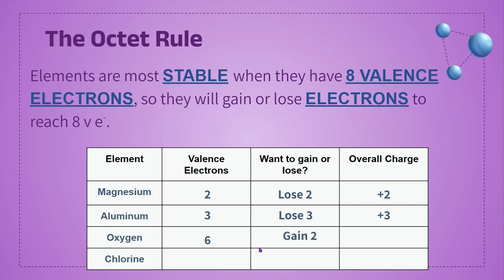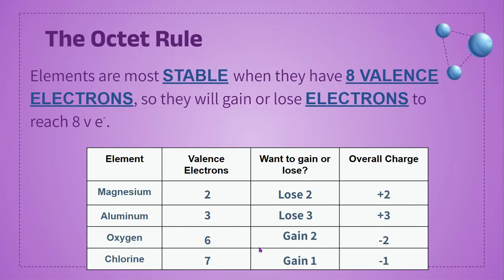If it gains 2 electrons, then it has 8 electrons in that outermost valence shell. And because it gained 2 electrons, it's going to have a -2 charge. Chlorine is in group 17, so it has 7 valence electrons. Again, it's going to be easier for chlorine to just gain 1 electron than it would be for it to lose 7. So it's going to gain 1, and it would have a -1 charge.